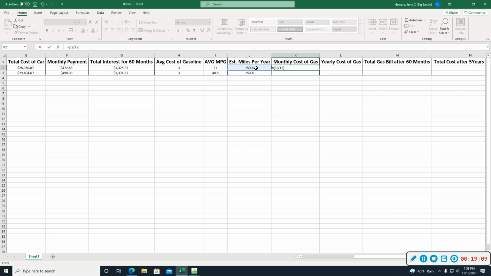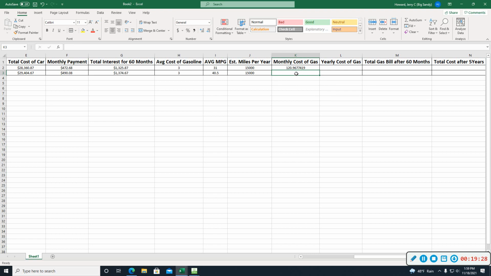Then we've got to divide out this, and then we should be able to times in our average cost of gasoline. That looks a lot better.